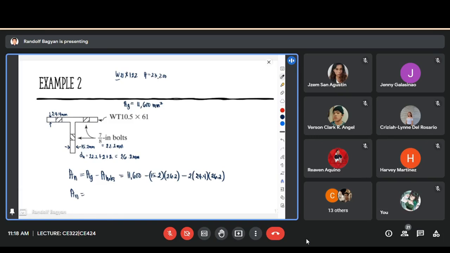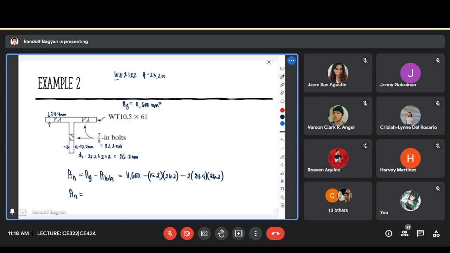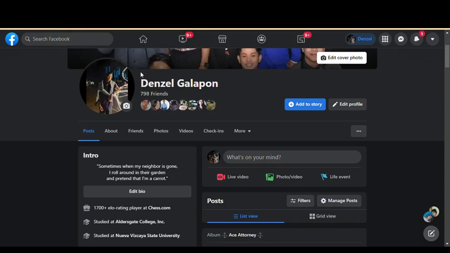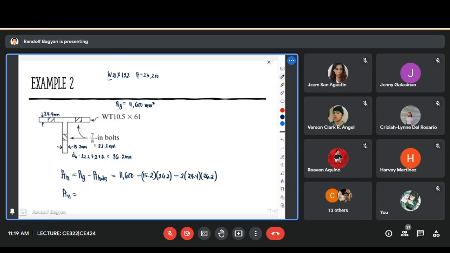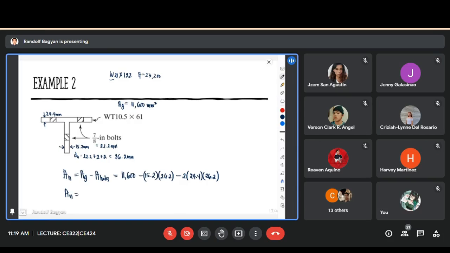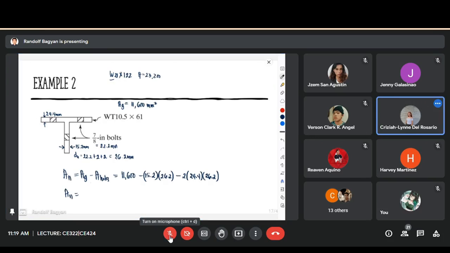Okay, Mr. Martinez, sana may hawak ka dyan na calculator. 9923.2, sir.